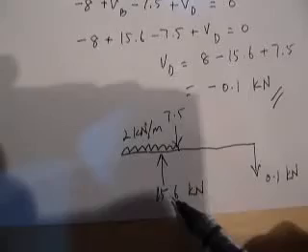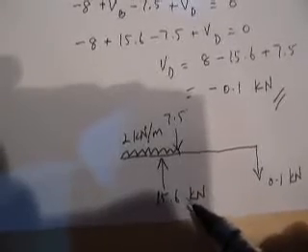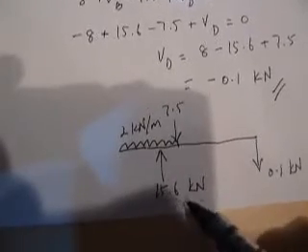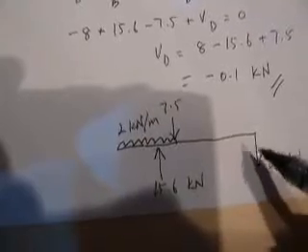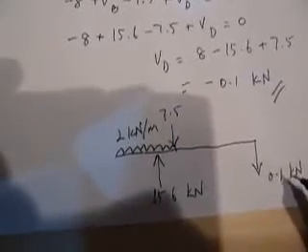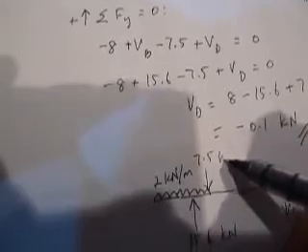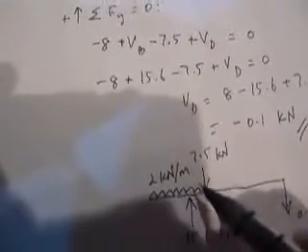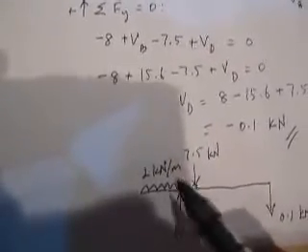We have a big positive reaction here going up 15.6 kilonewton, a very small or almost zero reaction here going down 0.1 kilonewton, point load 7.5 kilonewton here, and a UDL load. Yeah, maybe this UDL load is like a brick wall, 2 kilonewton every meter. So this is the solution.